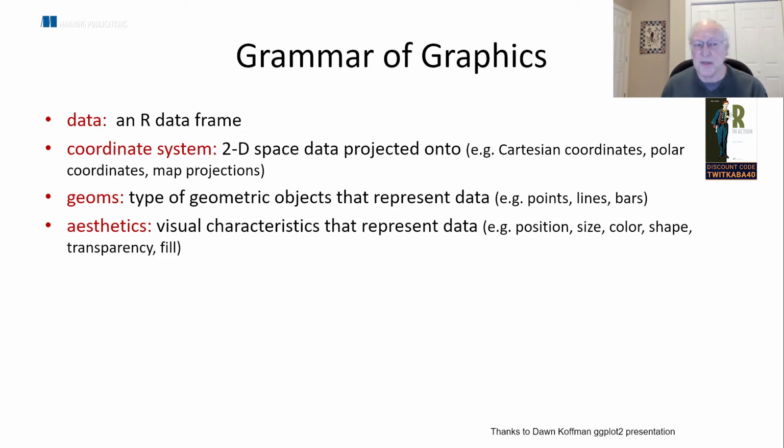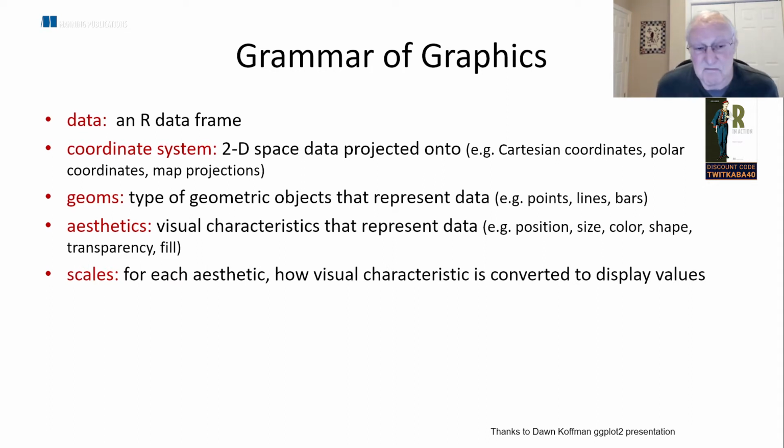Now that's different than just assigning a value to an aspect of the graph, where I can make the points blue, but that's not an aesthetic. That's just a value that's assigned. An aesthetic refers to the link between a variable in our data and what you're seeing in the graph.